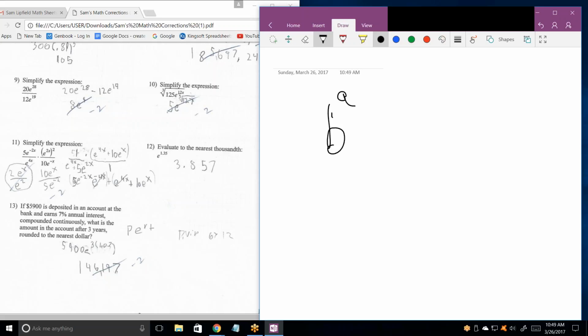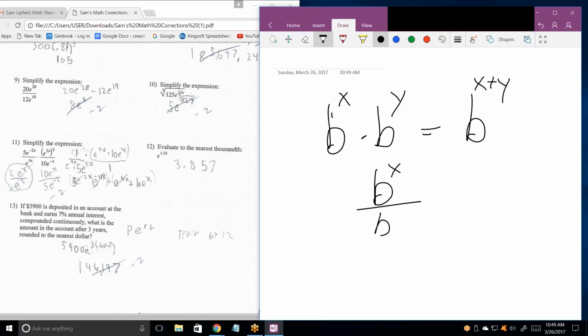b to the a multiplied by b, let me use x and y. b to the x multiplied by b to the y is the same base, but you add the exponents. b to the x divided by b to the y equals b to the x minus y.